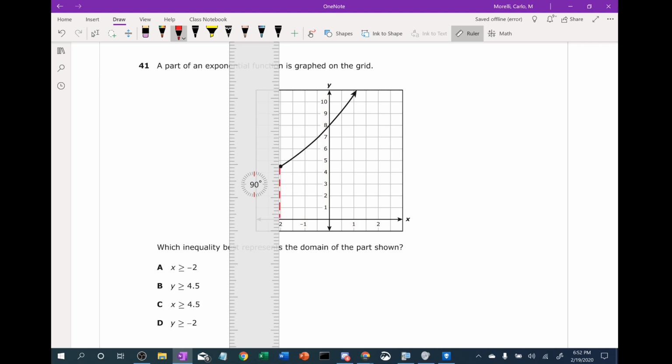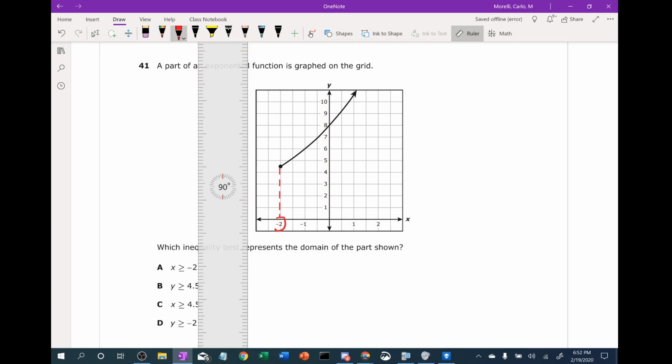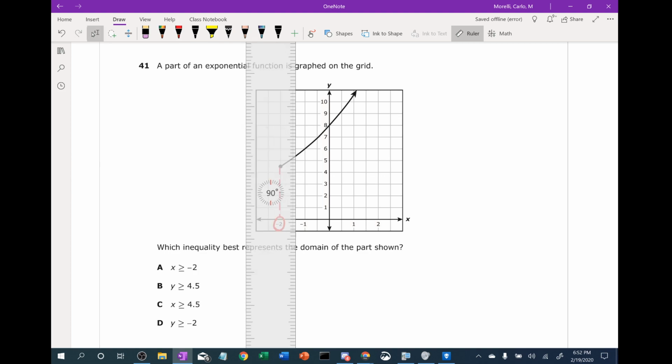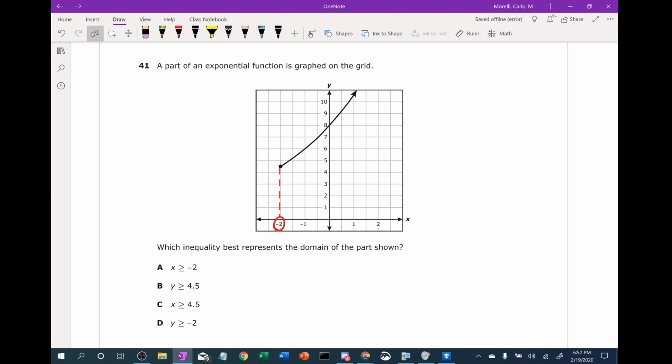So what I do is I draw little lines, okay, and then I circle these numbers, and then it just goes off into infinity. See, this is just going off into infinity. So it starts at -2 and it goes to infinity.